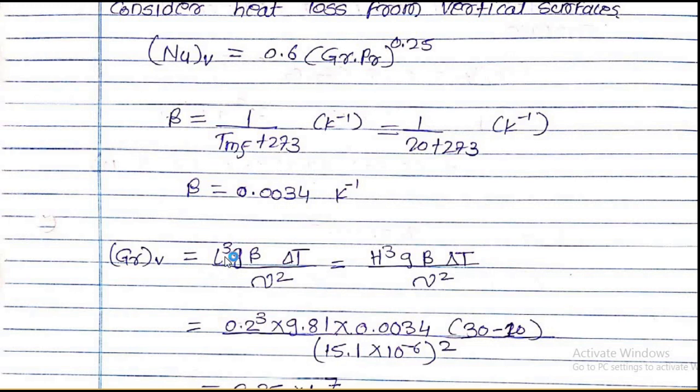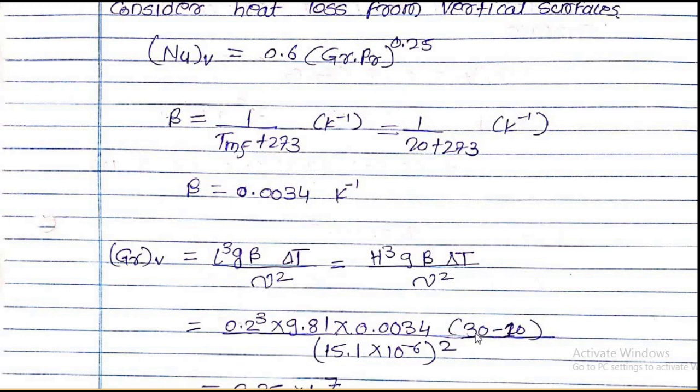Here 200 mm is the height for that particular vertical surface. So Grashof number is h cube multiplied by g multiplied by beta multiplied by delta T divided by nu square. The height for the vertical surface is 0.2, its cube multiplied by 9.81 multiplied by the beta value 0.0034, and delta T is the temperature difference between the surface and surrounding.